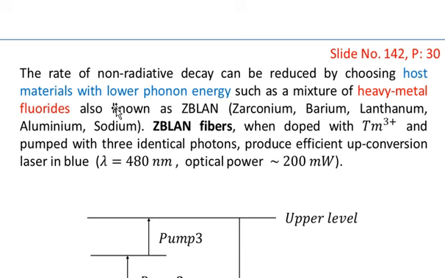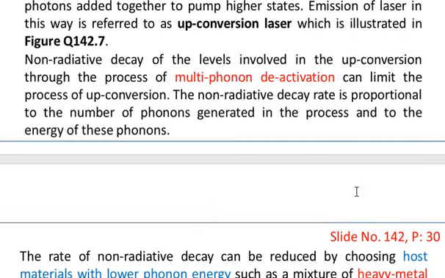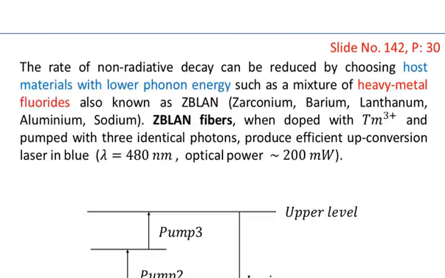So the remedy addresses the two problems raised in the previous paragraphs, that is, the number of phonons and the energy of these phonons. If we reduce the number of phonons and their energy, then we can avoid the non-radiative decay, and we can avoid disturbance to the up conversion process.